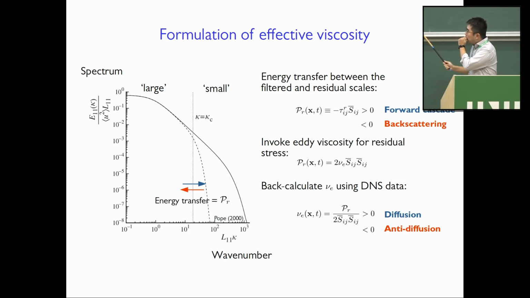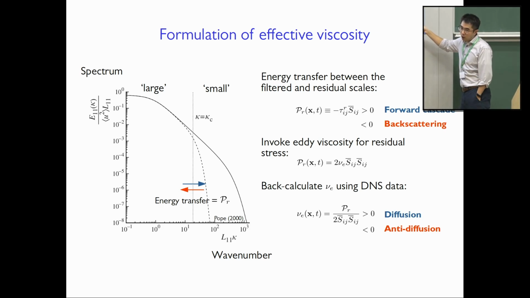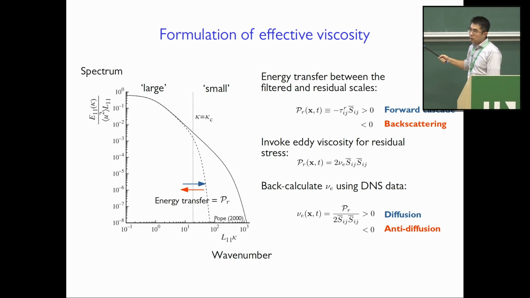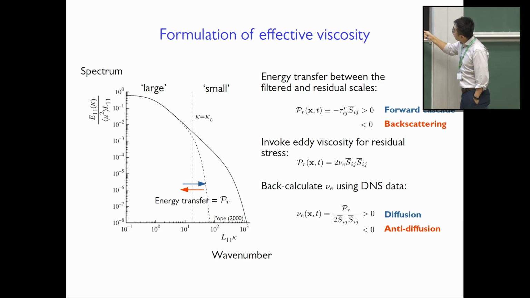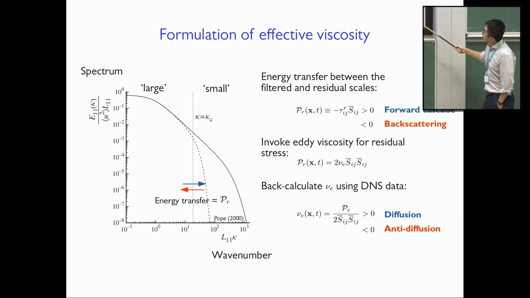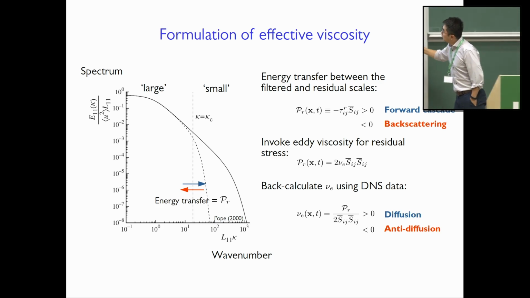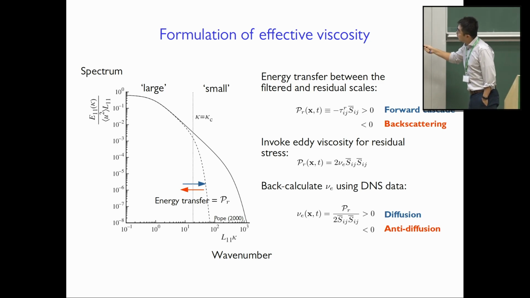What people typically do in LES is to try to provide a closure for this tau IJR in terms of the large scale quantities. That's the whole point of doing LES. So you replace the tau IJ with nu E times the rate of strain for the large scales. If you're doing LES, you will have to model this.